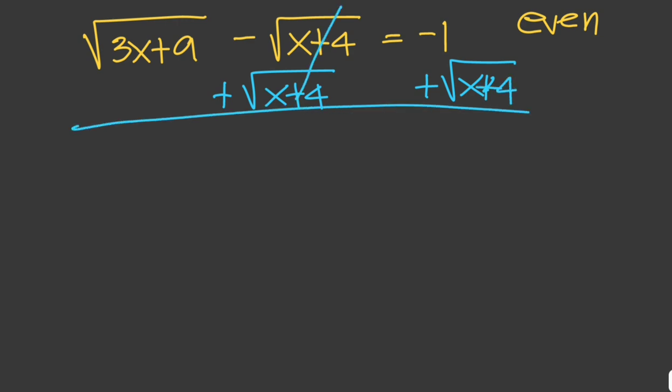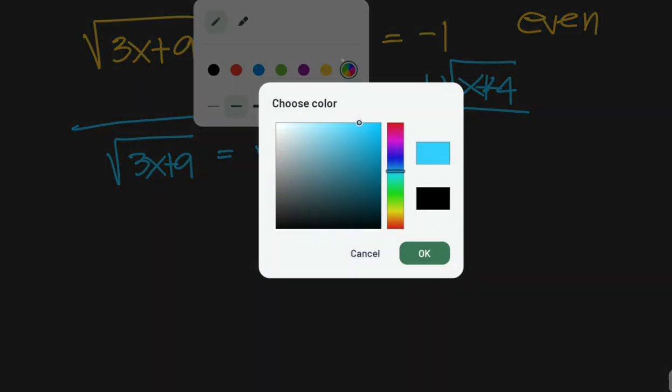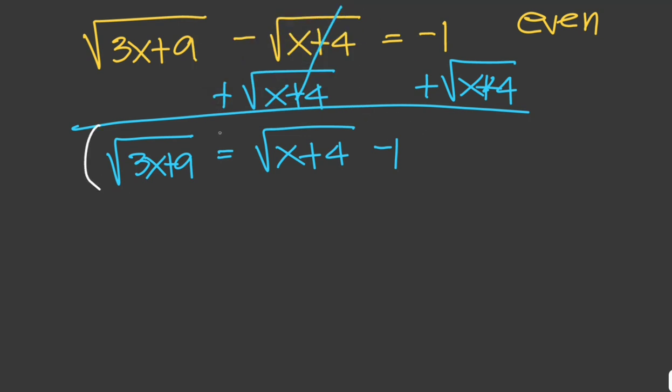This cancels out. Then we're left with square root of 3x plus 9 equals negative 1 plus square root of x plus 4. Or we can just simply write that as square root of x plus 4 minus 1. And now we can square both sides to get rid of the square root.